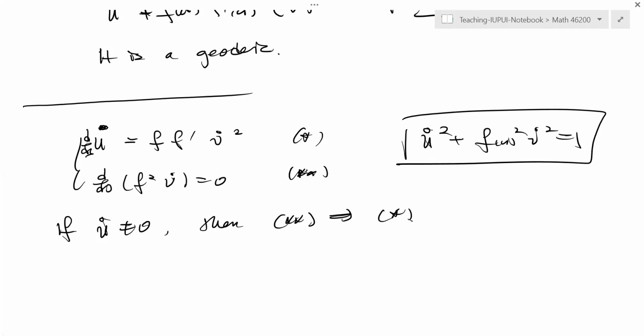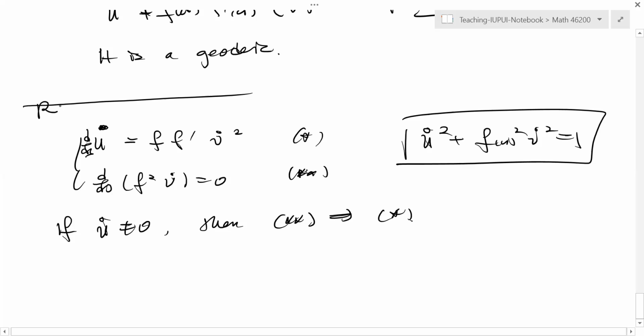So the first one can be gotten rid of if u dot is not 0. What if u dot equals 0? That is a parallel, because u is a constant.